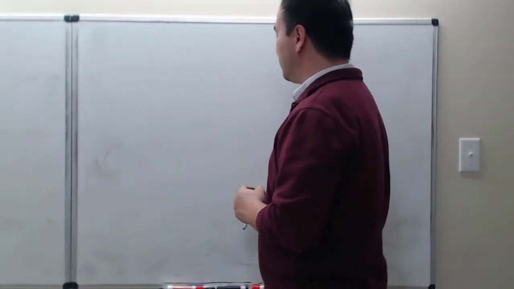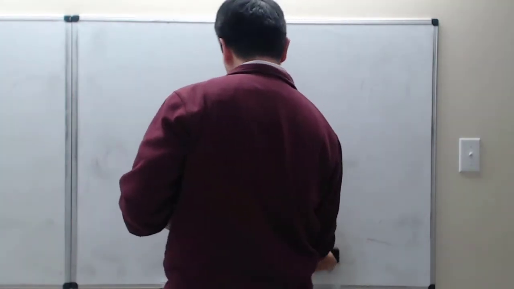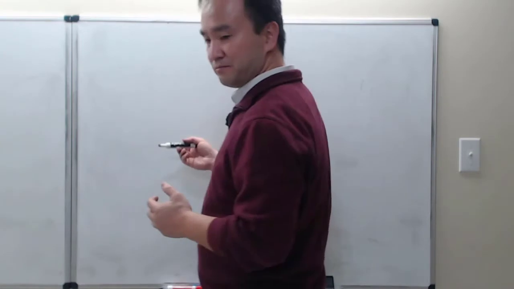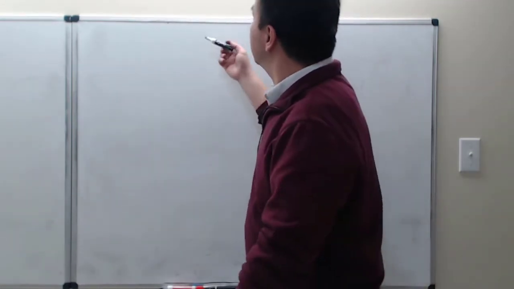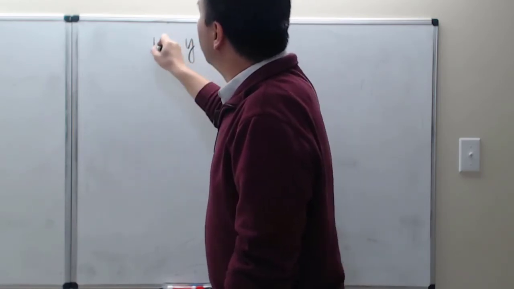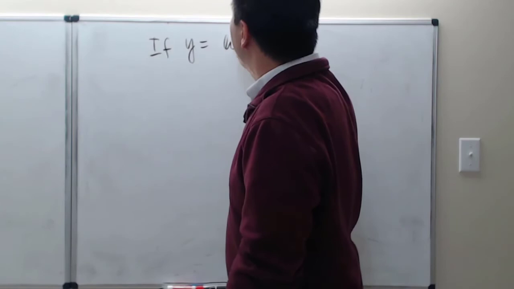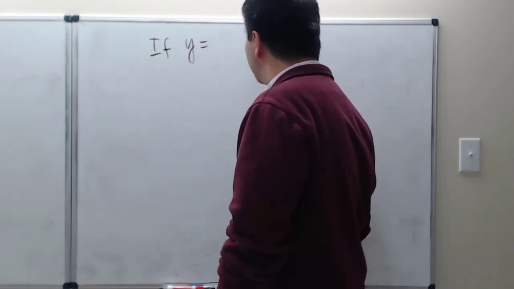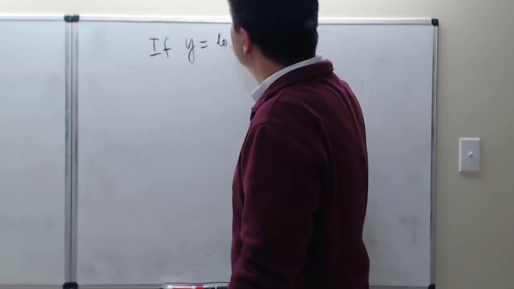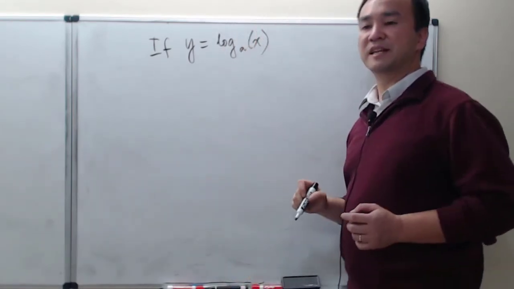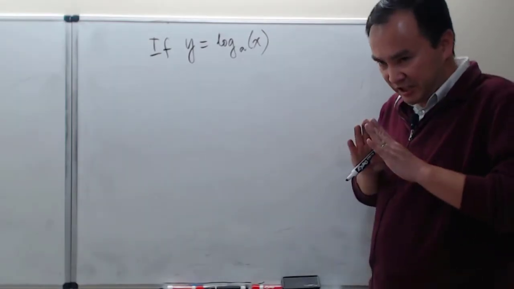All right, so now to conclude with an actual formula, an actual rule for a general logarithm, any base, doesn't have to be e. So generally, if y equals some log base a of x, not necessarily base e, and base e stays in the same rule.